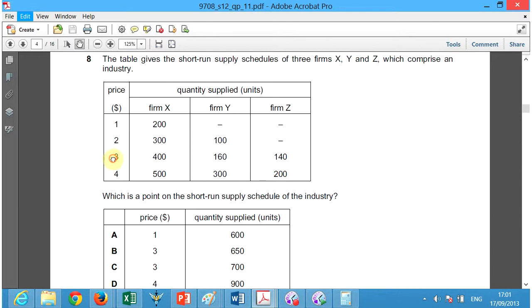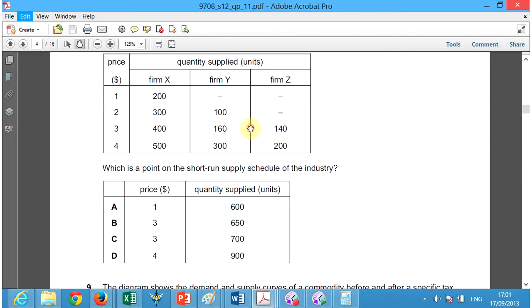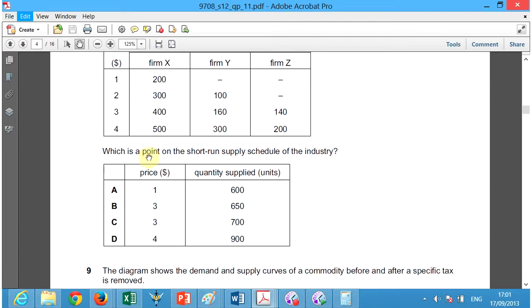At the price of 3, we have 400 plus 160, that's 560, plus 140, which leaves us with a specific quantity. And at the price of 4, we have 500 plus 300 plus 200. Now the question asks, which is a point on the short-run supply schedule of this industry?